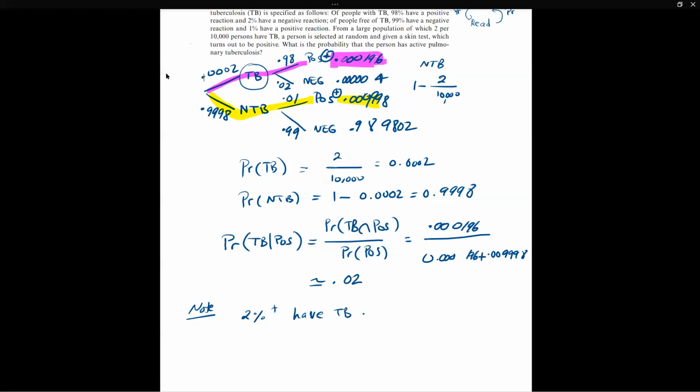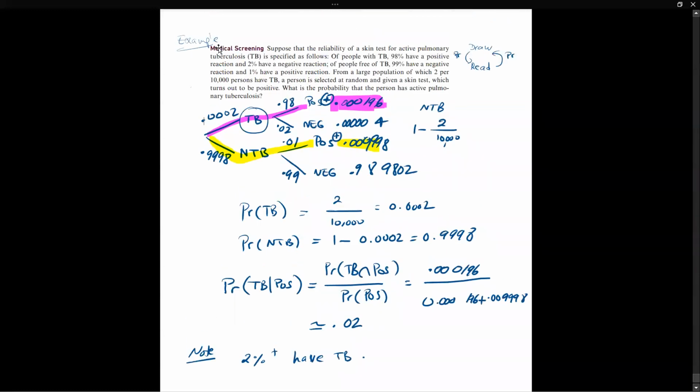All right, and that's why sometimes you need to use another method, or a second opinion or different tests, because as mentioned here, screening is something, and diagnosing for sure is something else. All right, thank you.